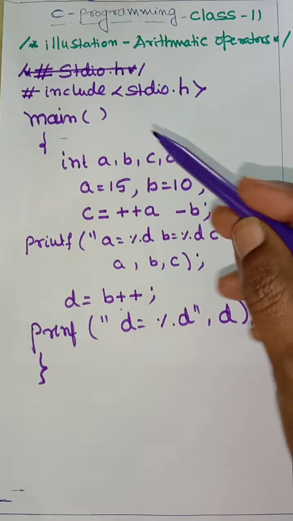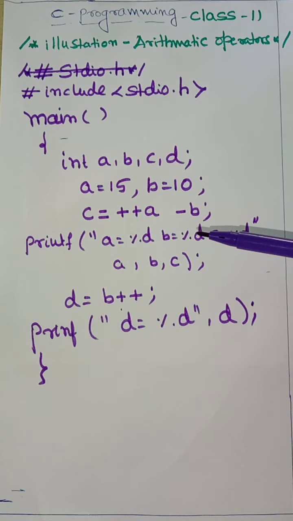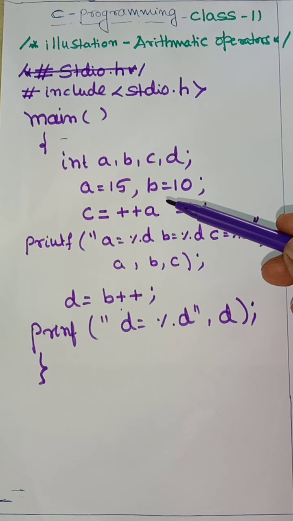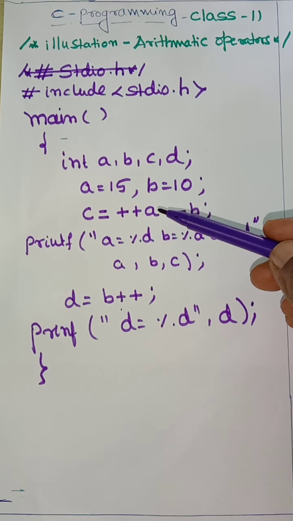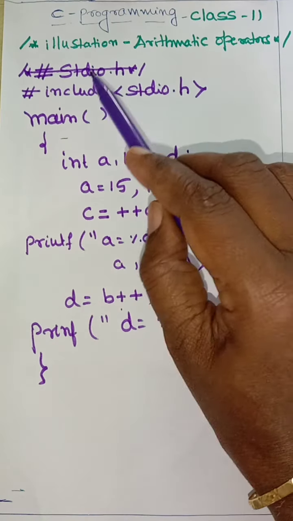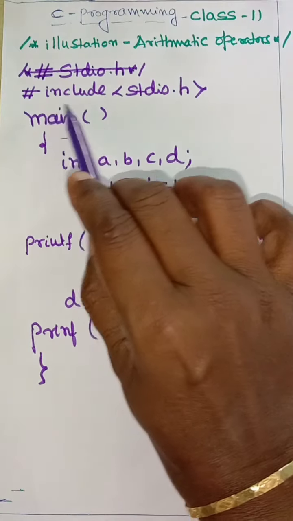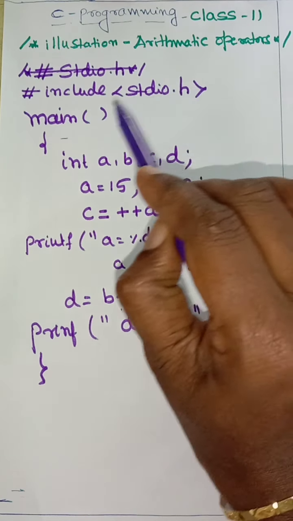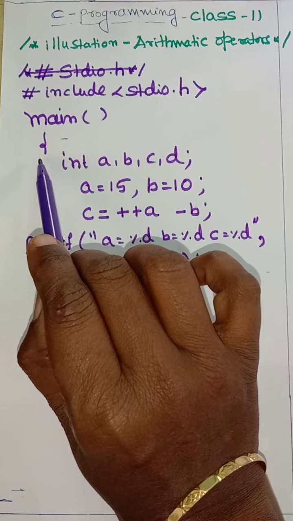You see, in this program, I want to explain that it is going to illustrate the arithmetic operators. That is one thing. Another thing is, first you write the comment line. Next, the include section. Afterwards, main, and this is the opening brace.